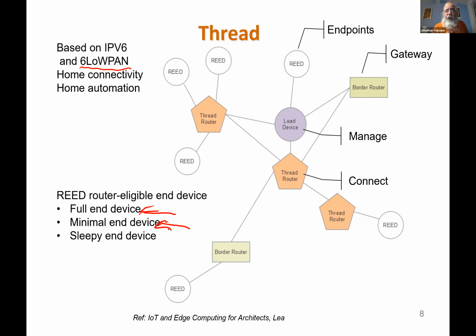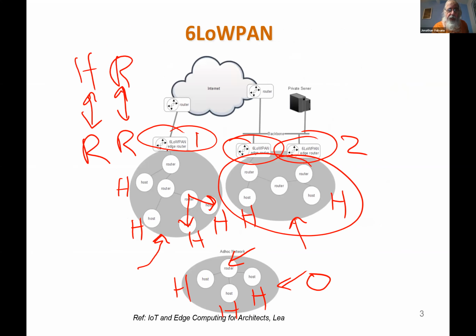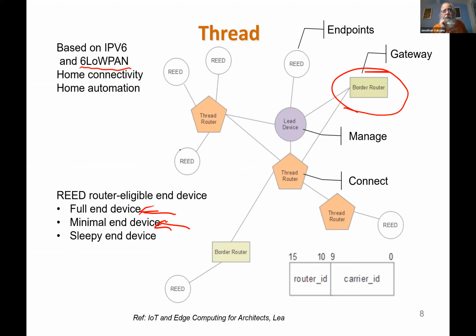And then the border router, okay, I don't know, they renamed everything. The border router is the edge router, okay? The bridge router, okay? The border router here in Thread is the border router.